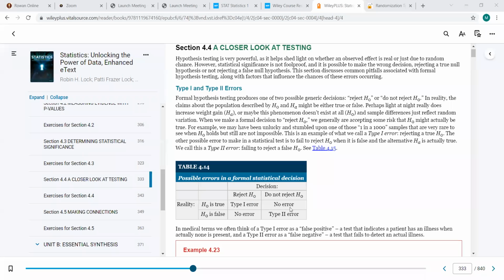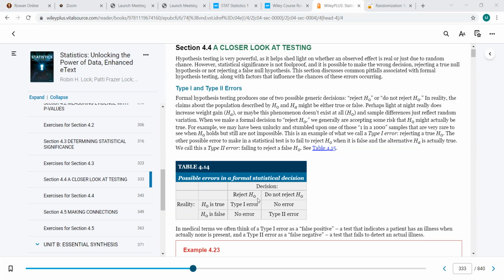Also, if you do not reject the null hypothesis through the test, but the null hypothesis is actually true, then you didn't make any error there either, did you? Because if you don't reject it and it's actually true, you've made the correct decision. However, if you see in the table, there are two errors that can be made.